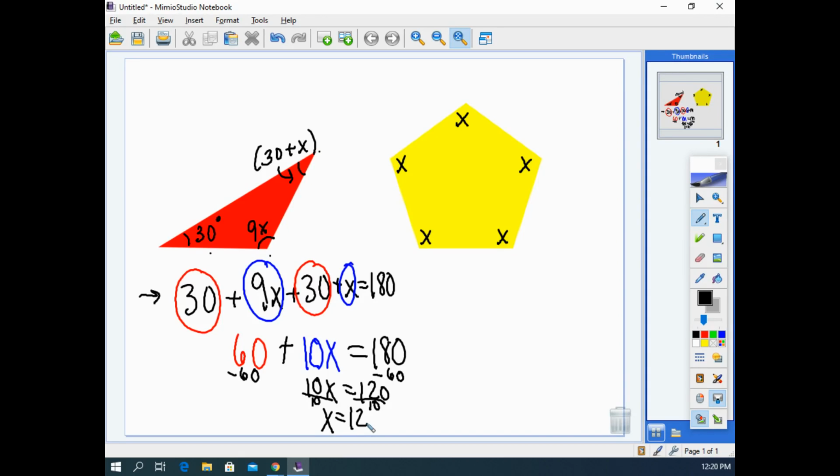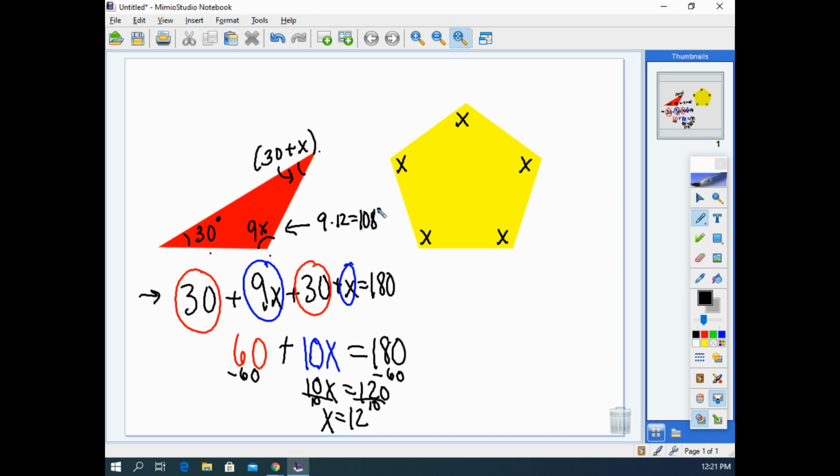Now the 12 does not tell me what my angle measurement is, it tells me what x is. So I would have to go back up into my triangle, and wherever I see an x, I need to replace it with the value of 12. So this angle right here is 9 times 12, which will equal 108 degrees.